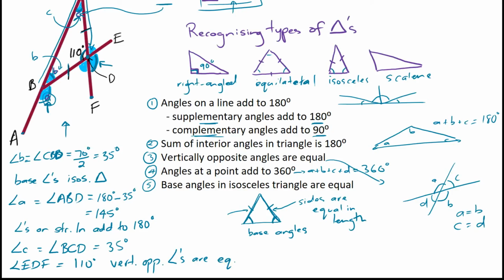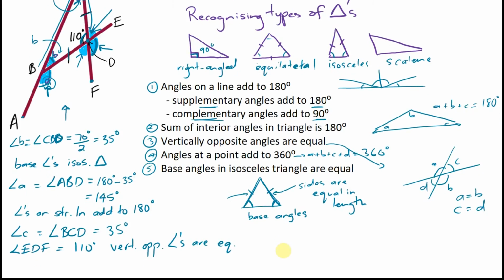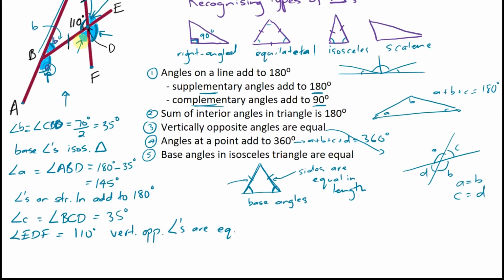The last couple of angles are these two here, so that one and that angle there. So if I just scroll up a wee bit more, so this angle here we would label BDF.